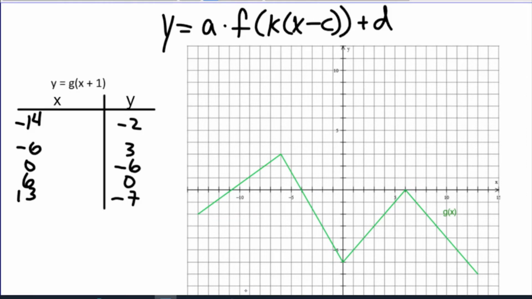In this case, we know from last year and our transformations of quadratics that when you have a +1 in the parentheses, it actually means that your graph is going to be moving to the left by 1. So you would need to know that to choose the correct x values. So let's say you didn't know the negative 14 to 13. You were given an equation, how would you pick those x values?